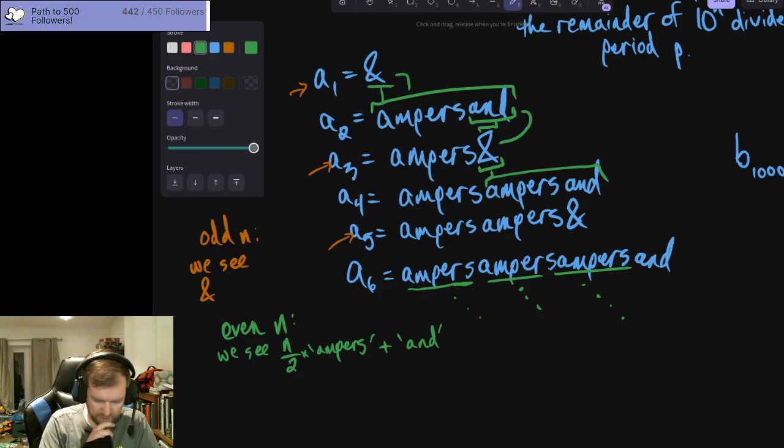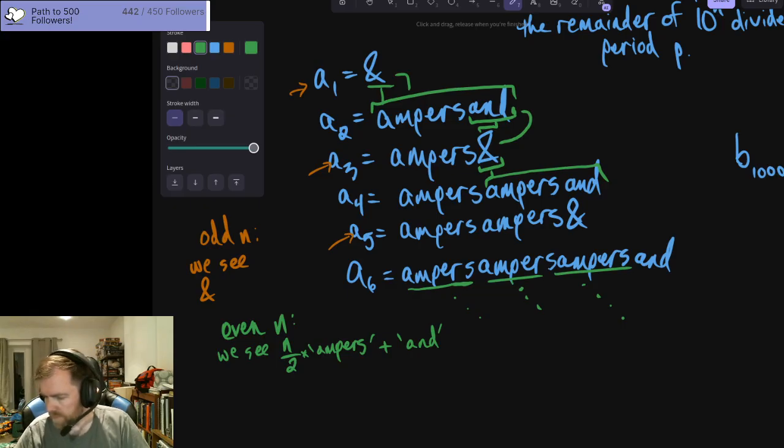Somebody's making a claim that this needs to be period 6, and I am not seeing that. If anyone has any ideas, feel free to drop them in chat, because I'm kind of stumped as to why it's not period 2, I guess.